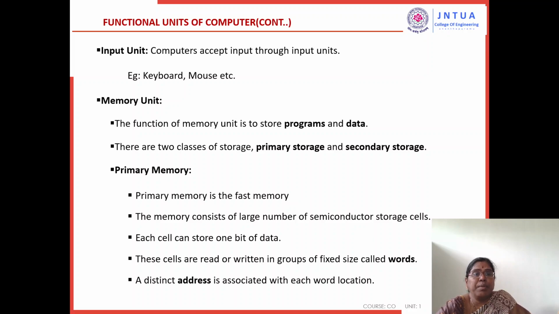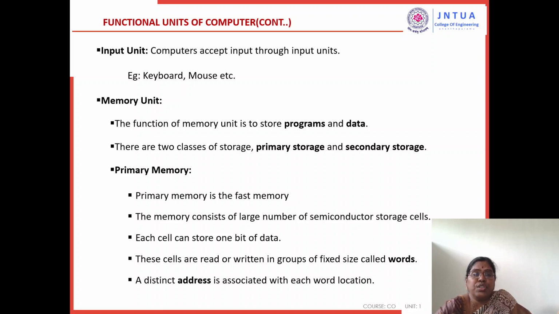The primary memory is the fastest compared to the secondary memory because we use electronic components in the primary memory, semiconductor devices, which are costly. That's why the cost of primary memory is higher compared to secondary memory.